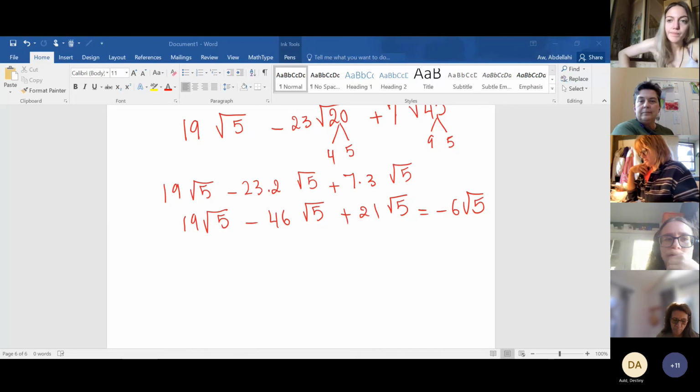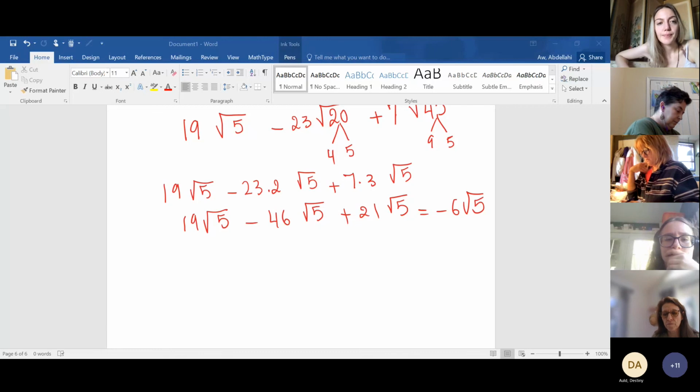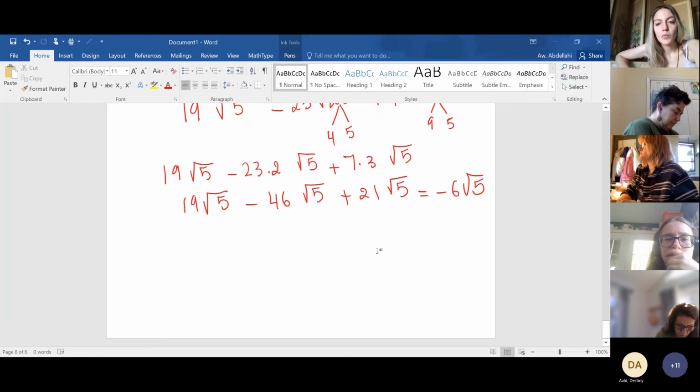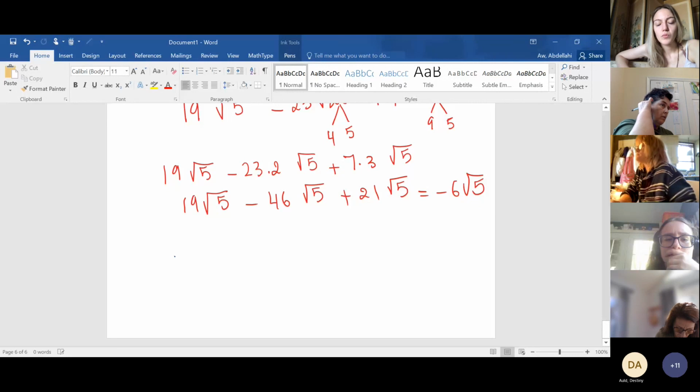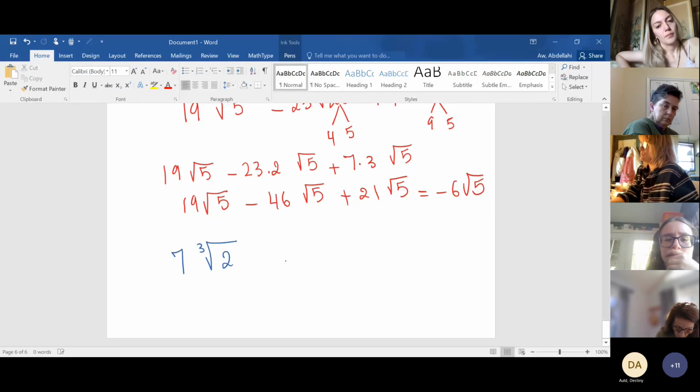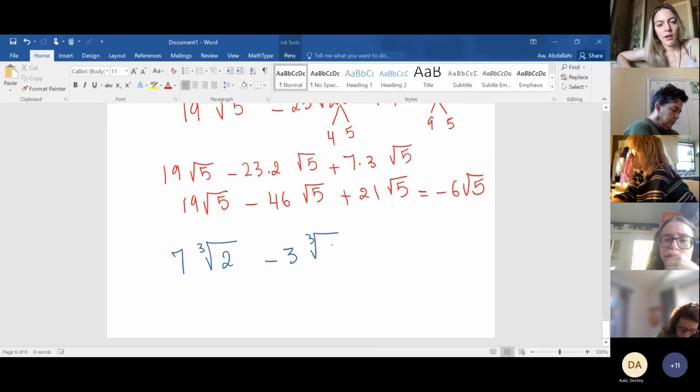So we can do the same thing with the cube roots. For instance, we can say 7 cube root of 2 minus 3 cube root of 8.